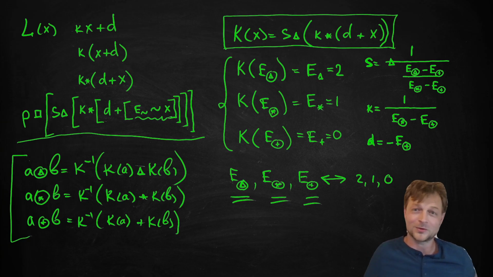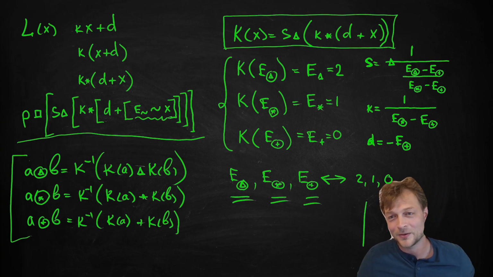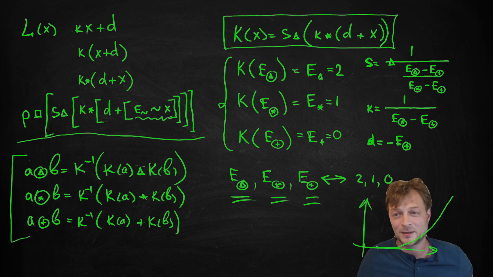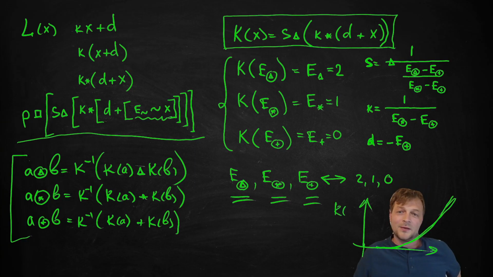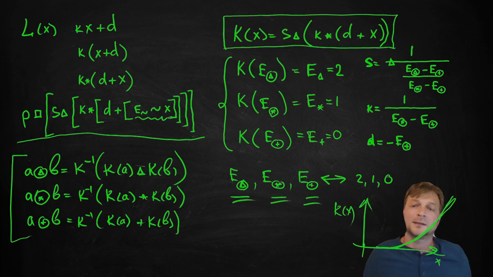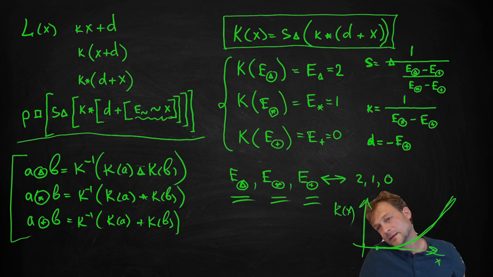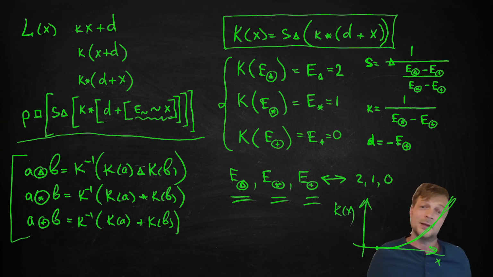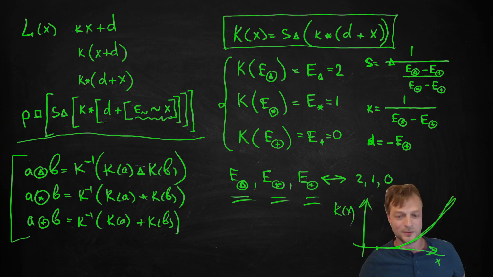If you draw it on our classical Cartesian system, it will not be linear. It will be something like this. That will be K of X, and this will be X. But anyway, it's not linear, but it will preserve the distributive law.